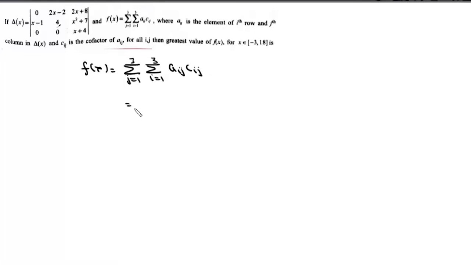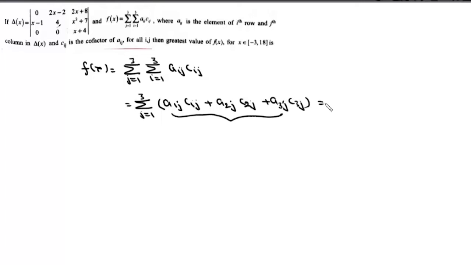Now if we vary this i, we can write this as summation j varies from 1 to 3, and here will be a1j c1j plus a2j c2j and plus a3j into c3j. Basically this is expansion of determinant about first column, and this is nothing but determinant of this matrix.